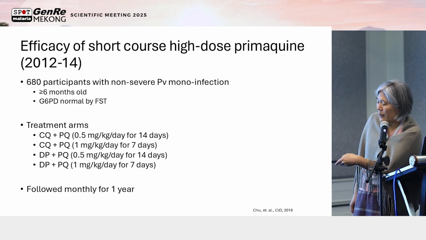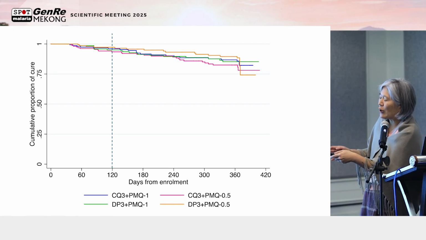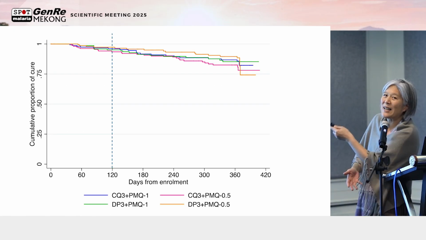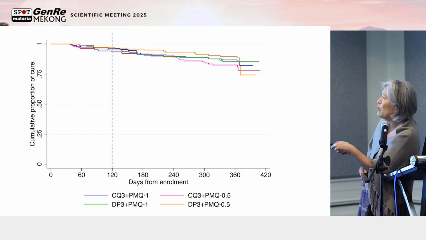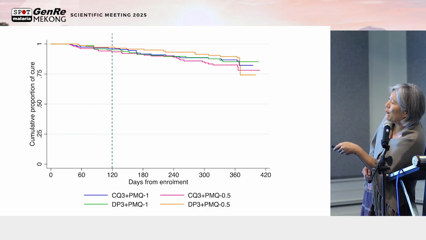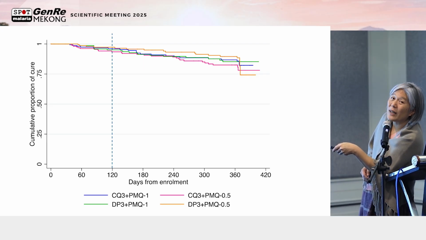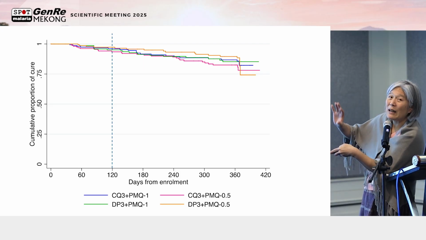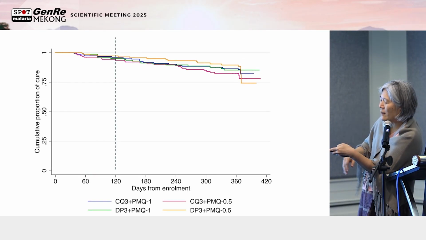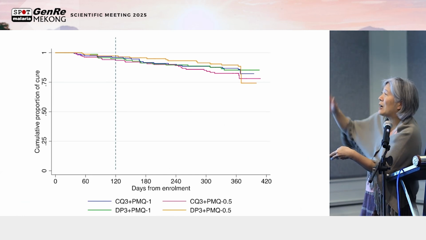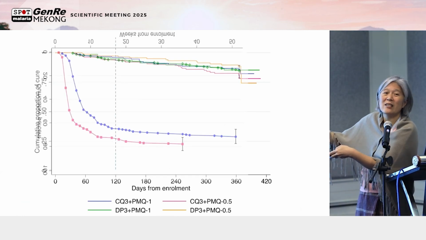Again, we followed monthly for a year. This is the Kaplan-Meier curve, except this is a cure rate, so it's upside down. What you can see is that at 4 months, you have about a 90% cure rate. I'll put study number 1 on top, upside down, so it's clear.